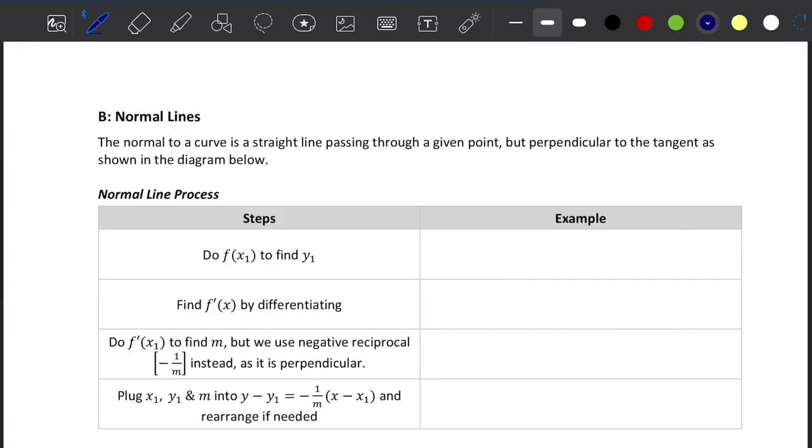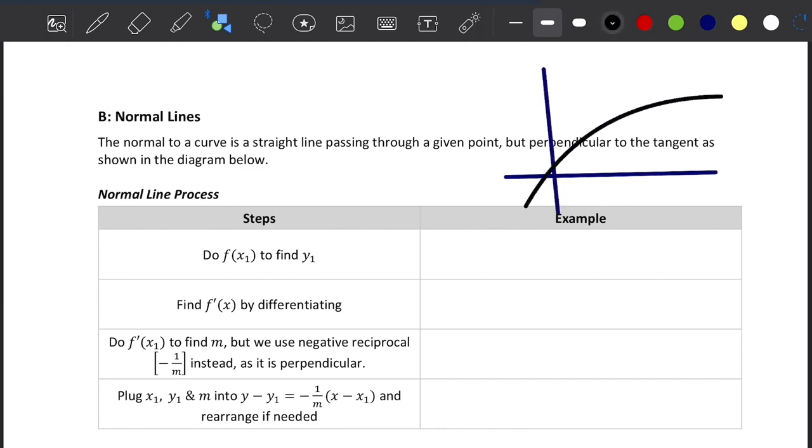Okay, then let's talk about the normal lines. A normal line to a curve is a straight line that passes through a given point but is perpendicular to the tangent, as shown in the diagram. So when we have a curve like this, and a point here, let's say this is our point (x1, y1), the tangent line is a straight line that passes through this point and meets the curve at one point, right?